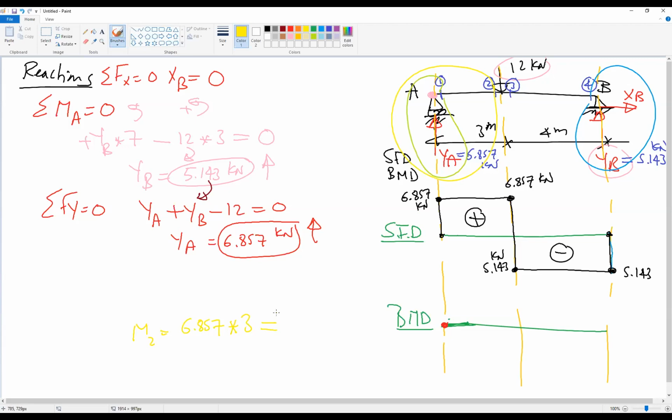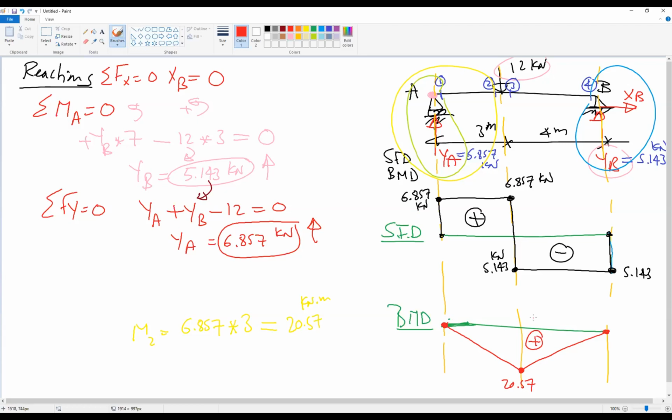This gives us 20.57 kilonewton meter. So the moment here would be 20.57, and we don't have any uniform load, so we connect with a straight line. The moment at the end of the beam is 0, and we connect with a straight line. So this is a positive moment. Okay, this is the shear force diagram and bending moment diagram for the whole beam.